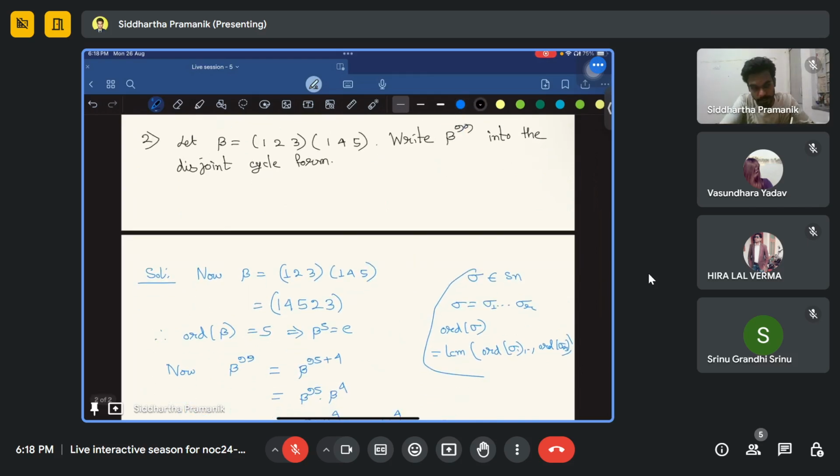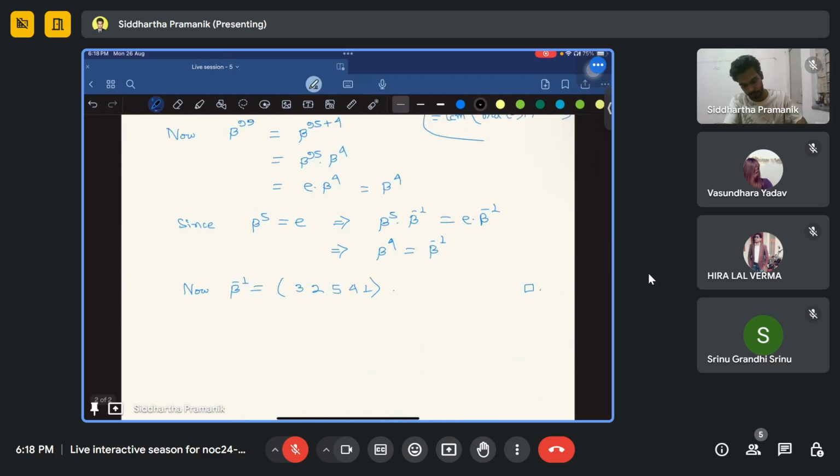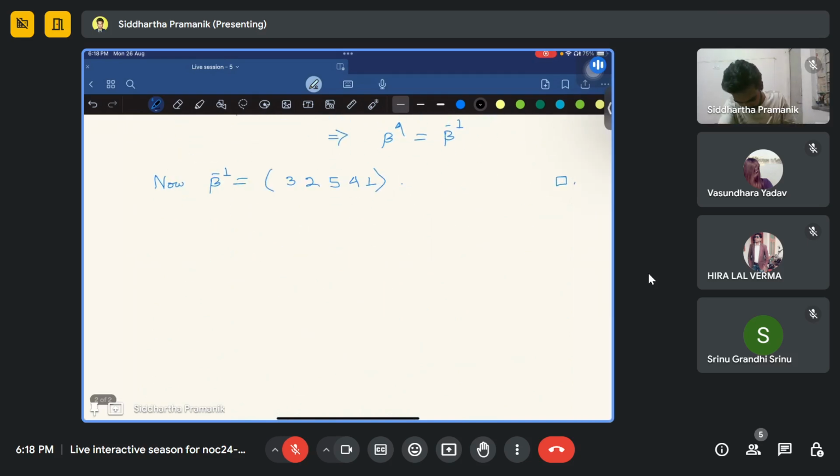Okay. Let's move on to another problem. So problem number 3. So let beta equal the cycle (1 3 5 7 9 8 6) multiplied with the cycle (2 4 10). Okay.